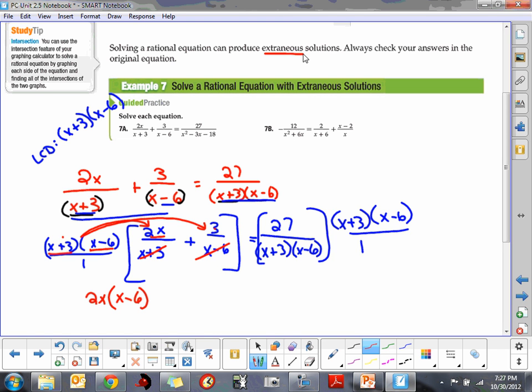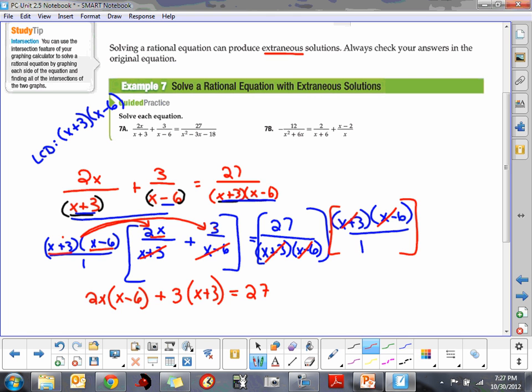So we have a plus sign, so we put plus 3 times x plus 3 equals. On the other side, it's not really a distributive property because we are not distributing over addition, we're just multiplying two fractions. And our two fractions have common factors in the numerator and denominator, so we just get a 27.